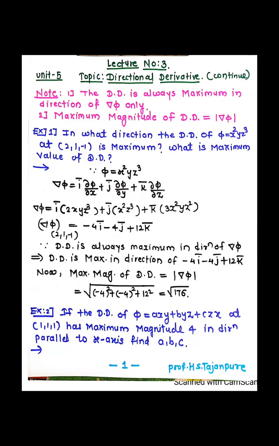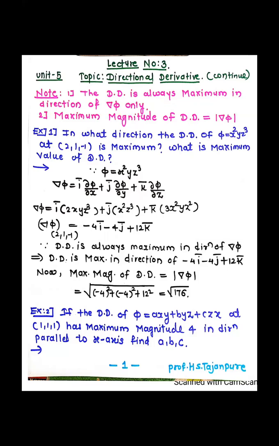See the PDF. I've written here the same properties. The dd is always maximum. Already explained that we can find the directional derivative along different directions of vectors, means we'll get a different value for each vector, and that value, the dd, is always maximum in the direction of which vector?